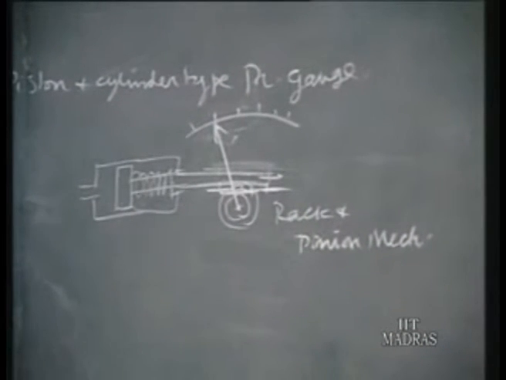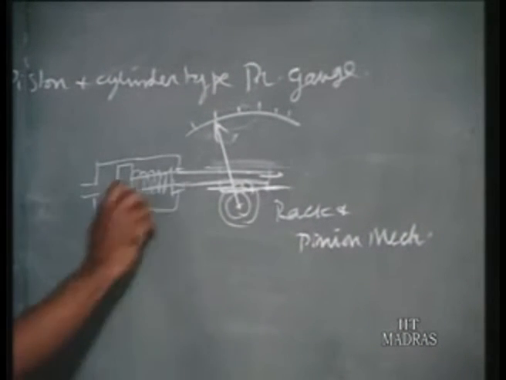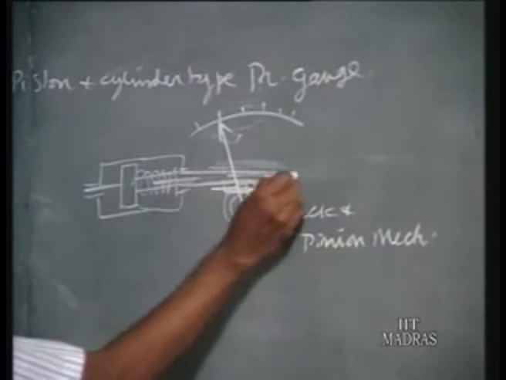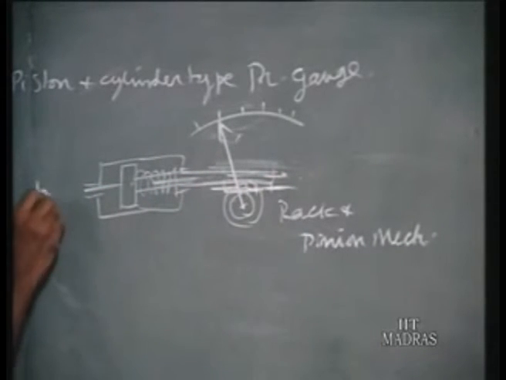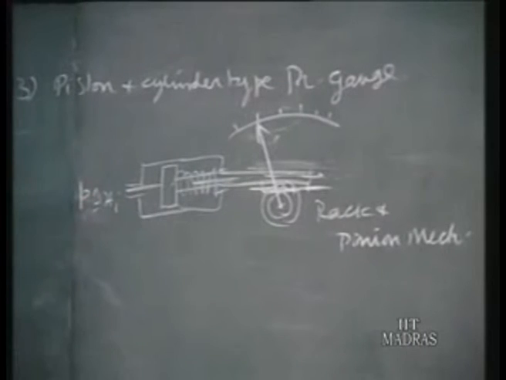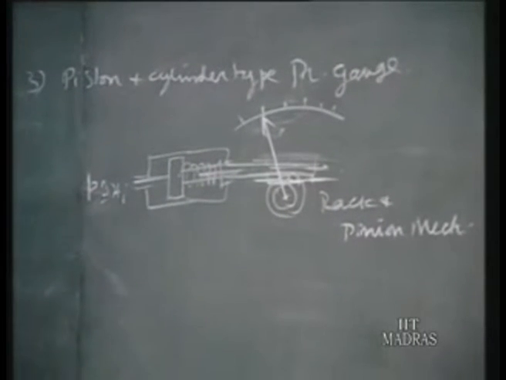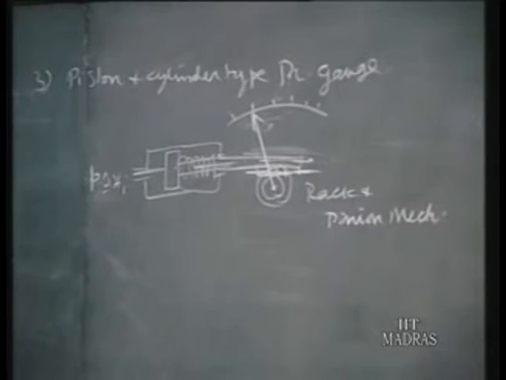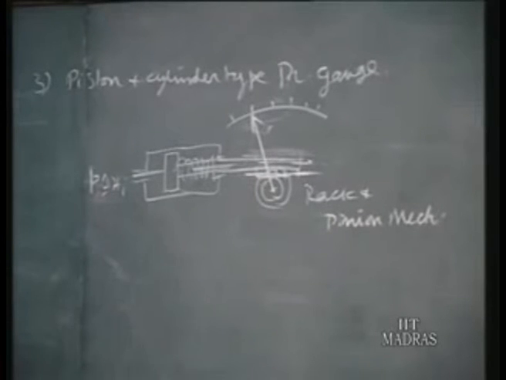Instead of a simple lever mechanism, we use a rack and pinion mechanism at the end of the piston rod. So P is our input signal Xi. As we are told, for drawing the 4-quadrant diagram, we should represent the whole instrument in 3 blocks.